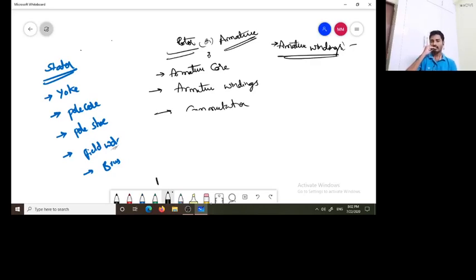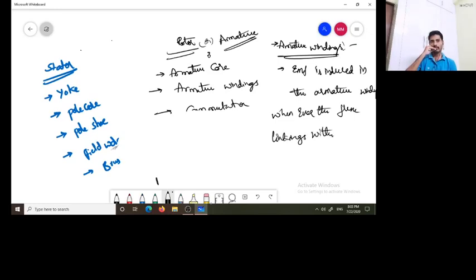In case of a DC generator, one of the most important points is that EMF is induced in the armature winding whenever the flux linking with the conductor changes. So what is the meaning of this?